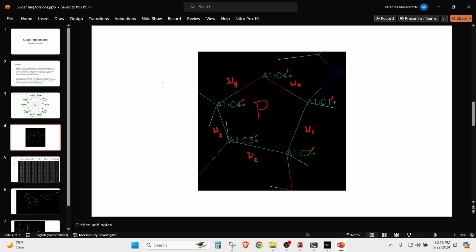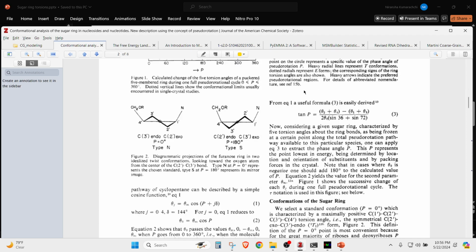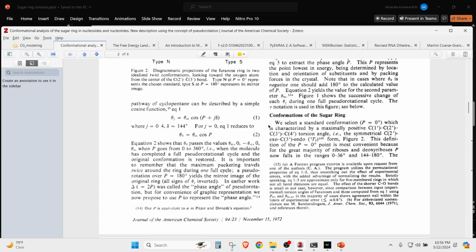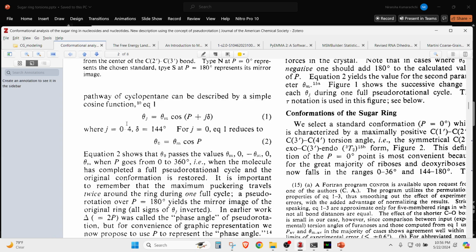So the correlation between these five torsions is an equation something like this. The tan of the pseudo-rotation is equal to mu1 mu4 plus and so on. And there's a simpler version. You can write that equation like this. The theta j is mu0, mu1, mu2, and so on, so j goes from 0 to 4.